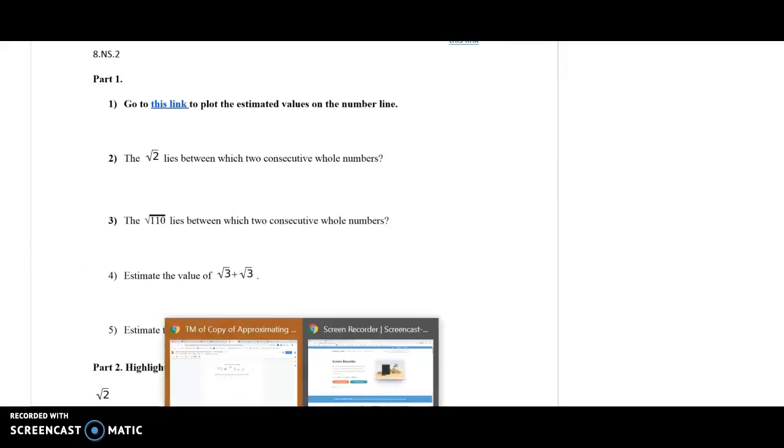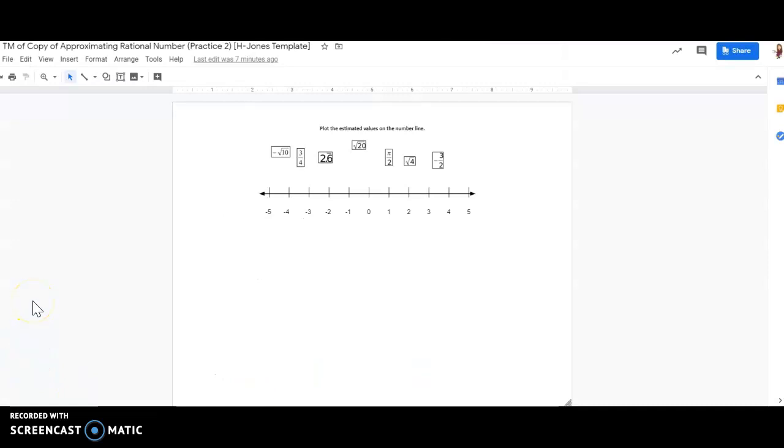When we pull up that link, it looks like this. And what we're looking for is where these numbers in the boxes belong on the number line. So we need to think about different ways that we could write the values of the numbers on the number line.